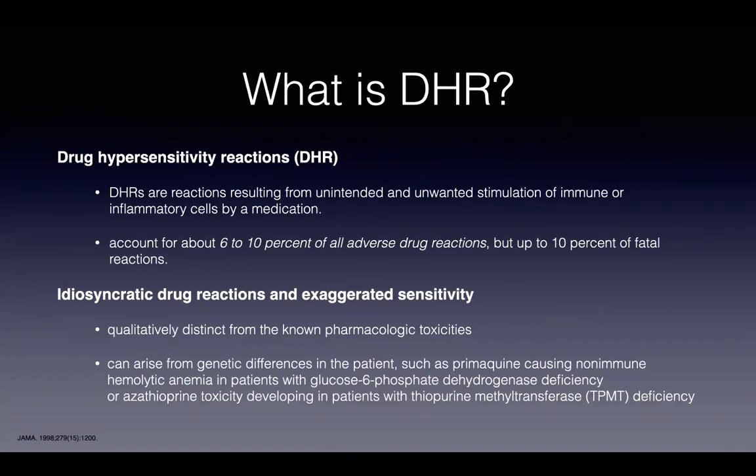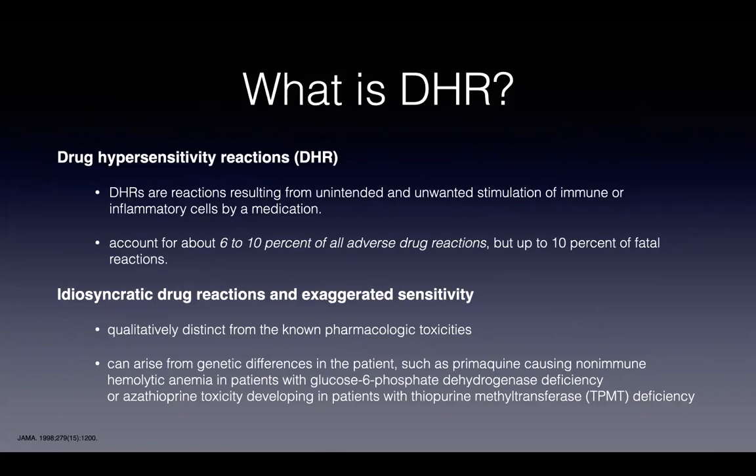Another terminology that we might be aware of from our school days is idiosyncratic drug reactions and exaggerated sensitivity. Here, the idiosyncratic drug reaction and exaggerated sensitivity are qualitatively distinct from the known pharmacological toxicities that we are aware of for that particular drug.